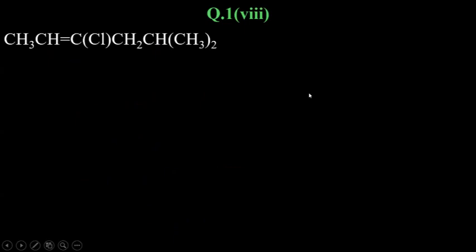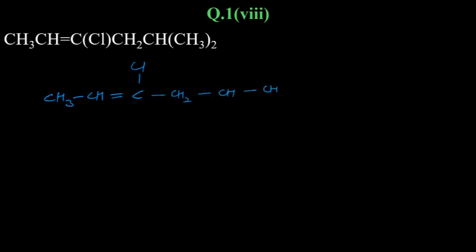Yes, Mac. Next one. Now see there is a double bond. So it will not be a simple alkyl halide. First of all, a double bond indicates that it should not be a simple alkyl halide. Expand it: CH3 CH double bond C. On this carbon you have chlorine, and then you have CH2 and then CH. On this CH you have two methyl groups.